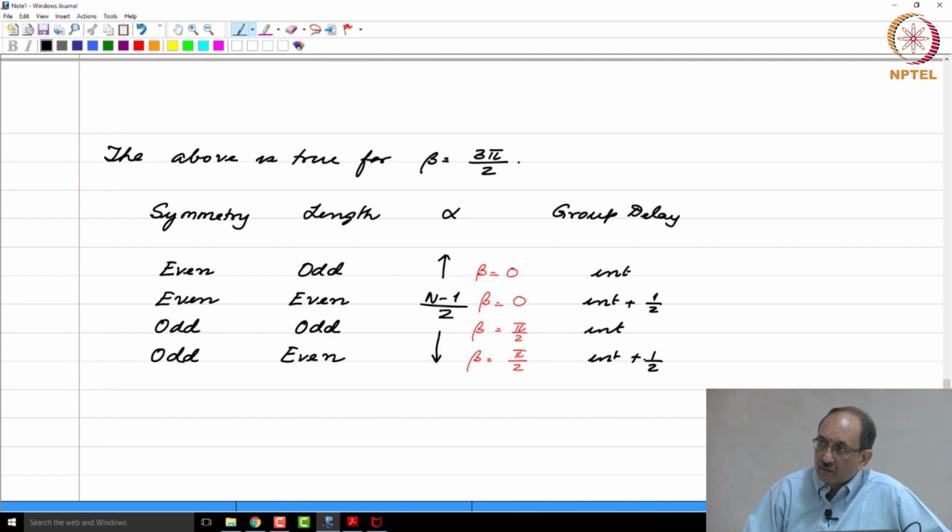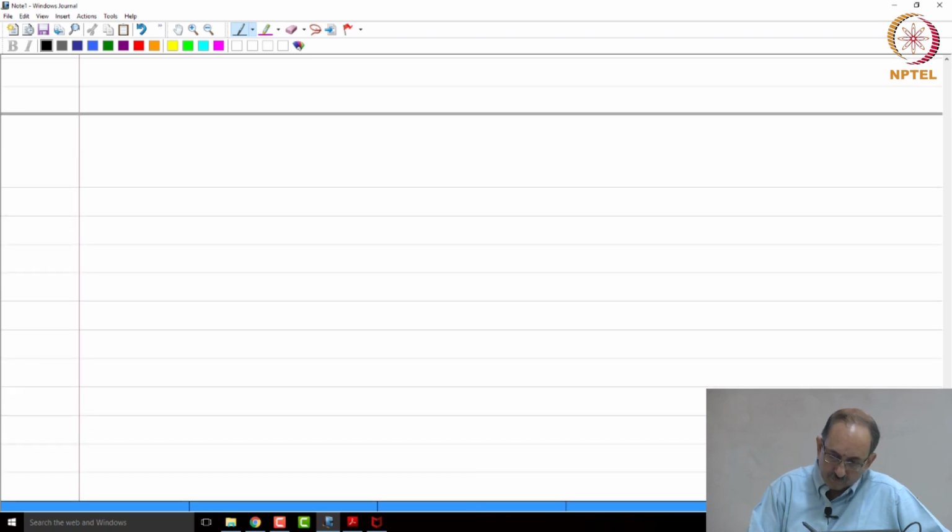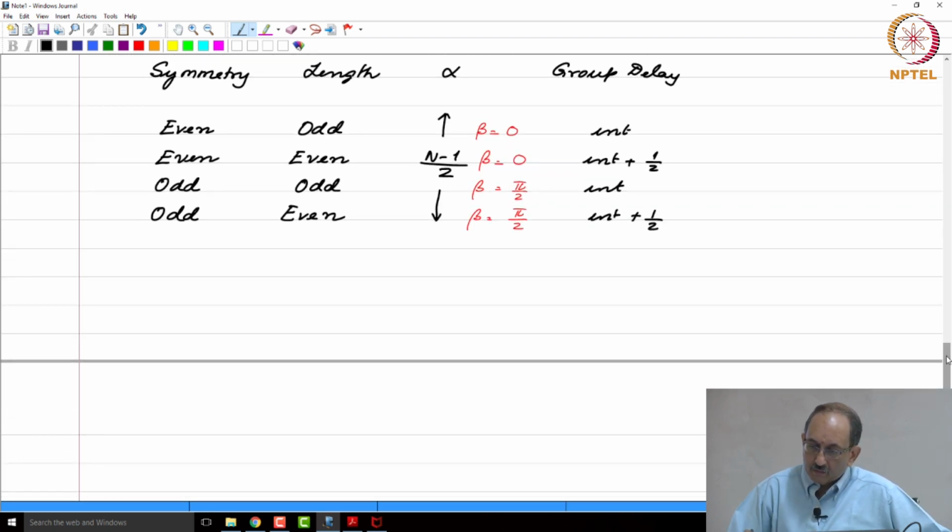On the other hand, if the length were even, then the group delay is integer plus half. Therefore, the output will have half sample delay. So, this is very important. We will mention a little more about this half sample delay as we go along.